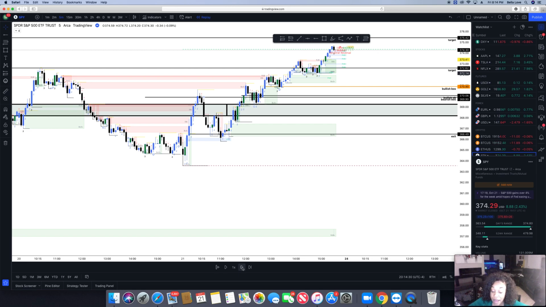So this is how I did my trade today. This was my logic and this was my thinking, using breaker structures, using fair value gaps, and also using bullish order blocks, and just seeing how the market was holding in those levels and how the market continued to trade above those fair value gaps on the 1 hour chart and on the 15-minute chart.